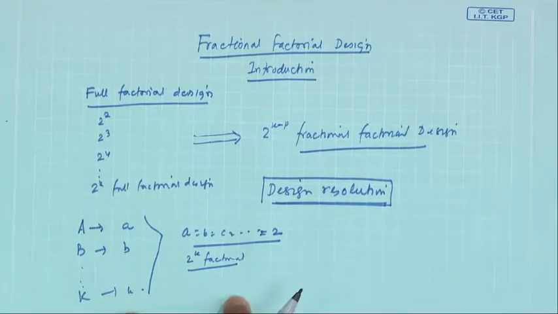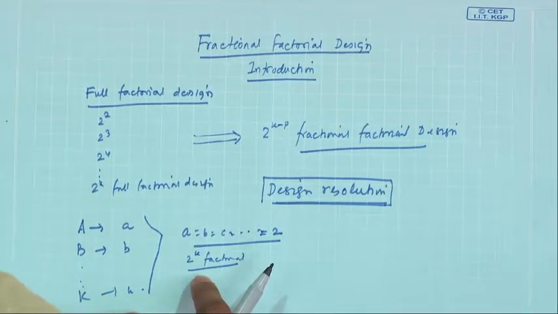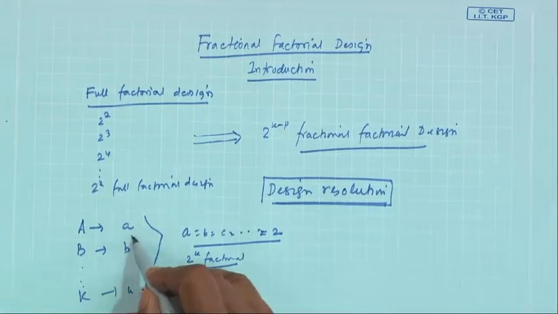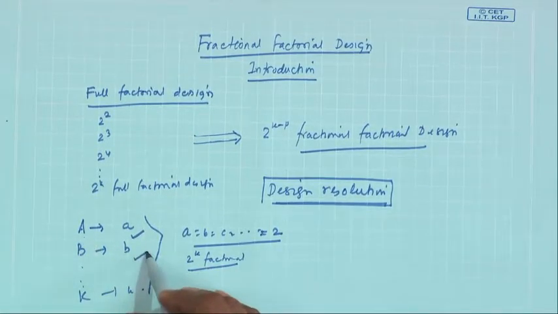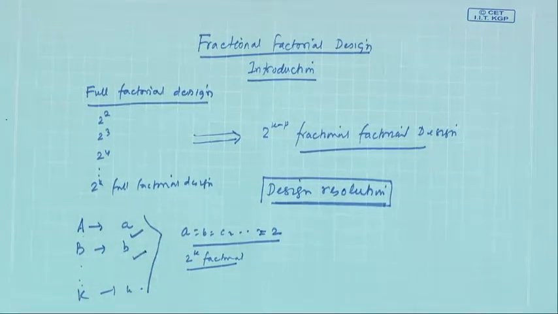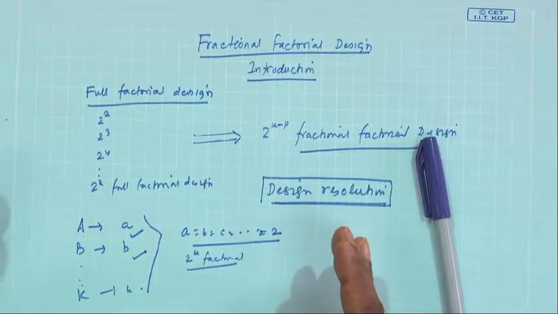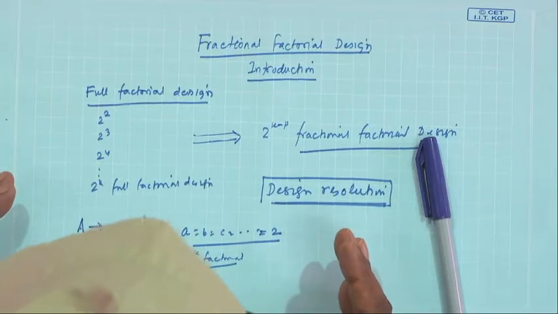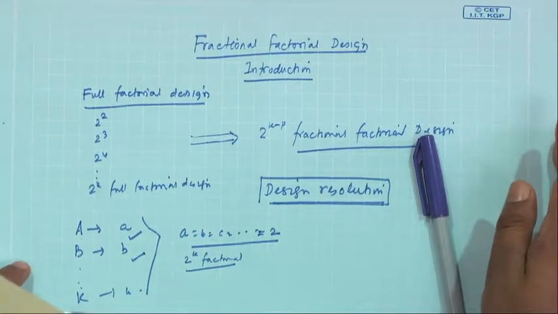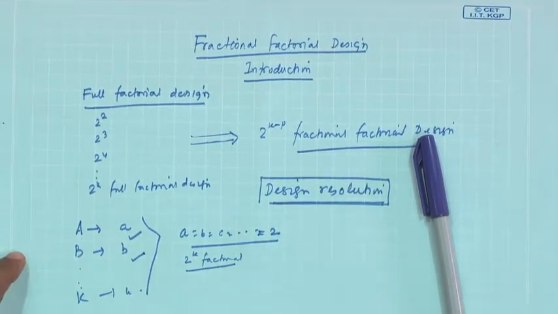We said that why 2 to the power k is required, because if we go for a levels for factor A, b levels for factor B, and as such there are many factors with many levels, then the number of treatment combinations will become very large, and it is impossible for the experimenter to conduct the experiment from the cost point of view, time point of view, resource point of view.